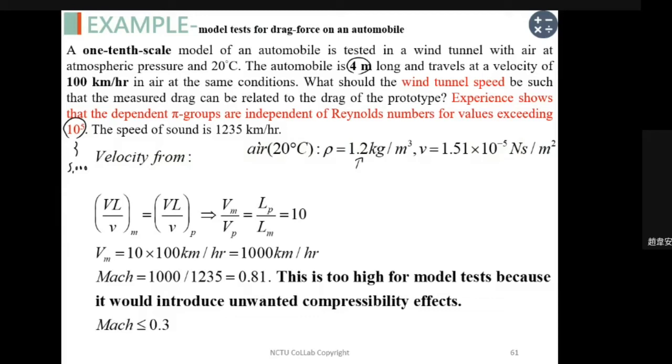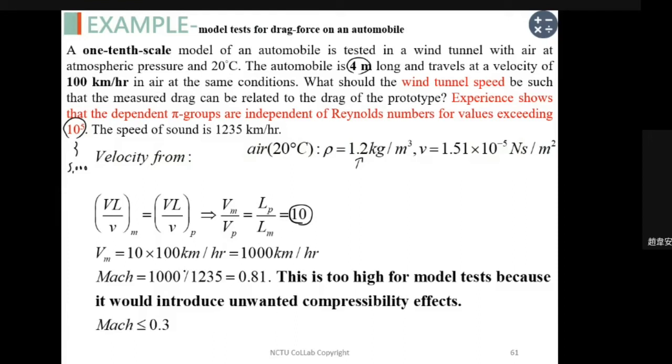Because of these problems, we first satisfy equal Reynolds numbers in the model and the prototype, and then we have a velocity ratio equal to 10. So finally we know that the velocity required in the model is 1,000 kilometers per hour.